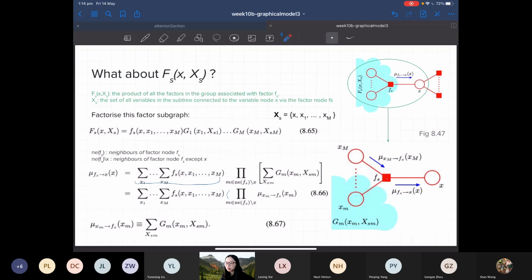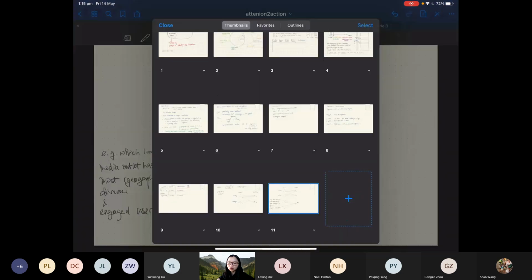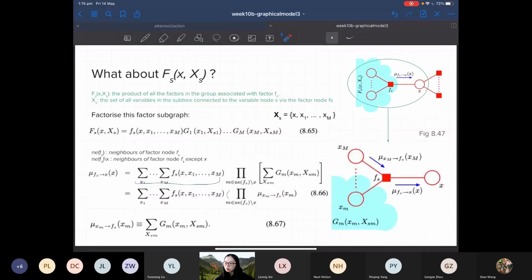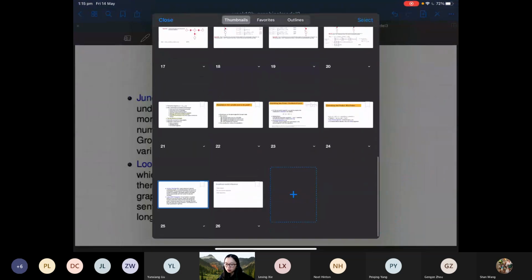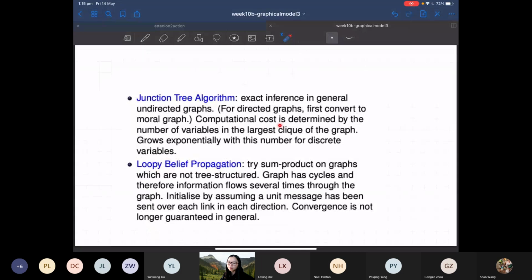If we have factors that are connected to lots of nodes, then these will become the computational bottleneck. So it's essentially the same as the junction tree algorithm. Basically, computational cost is determined by the size of the largest cliques. In the factor graph, the clique size is reflected in the connectivity, how many edges go out of a factor, right?